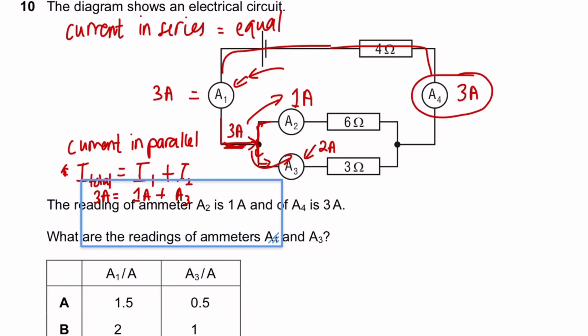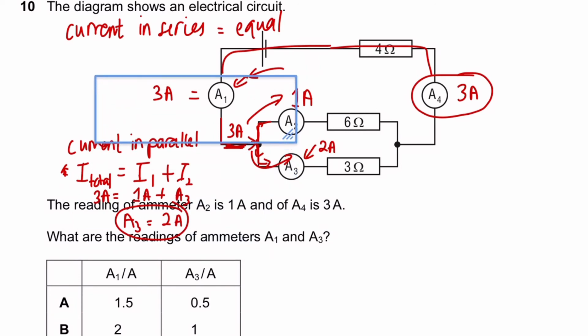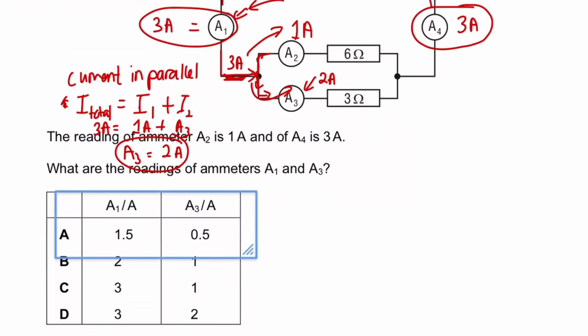So the A3 is actually 3 amps minus 1 amp, which will give you 2 amps. Now that we know the readings of A3 and A1, we shall go to the options right here.